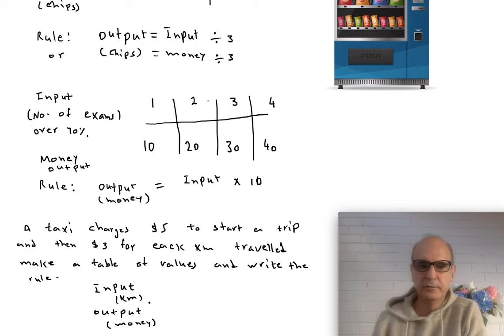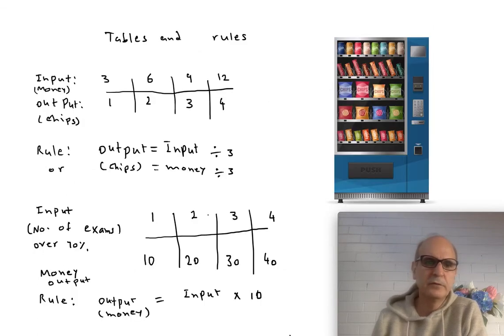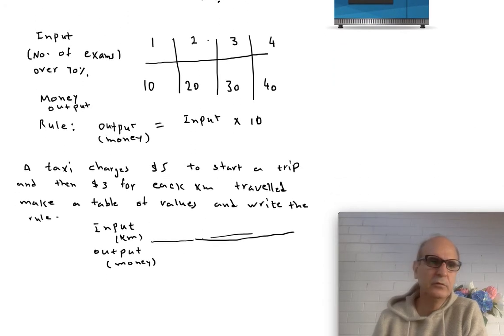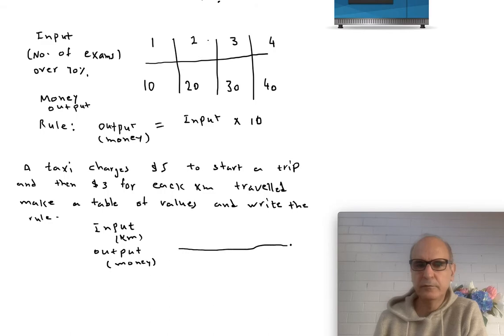So if you get into a taxi and you don't travel at all, what's going to happen? Still, you're going to pay $5. So your kilometers is 0, but you got into the taxi, you're going to pay $5.